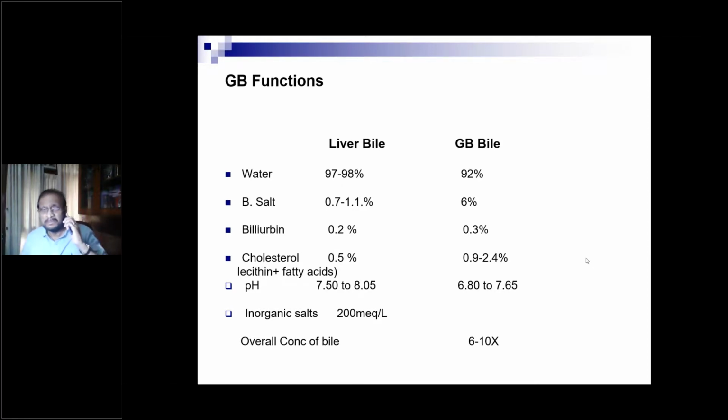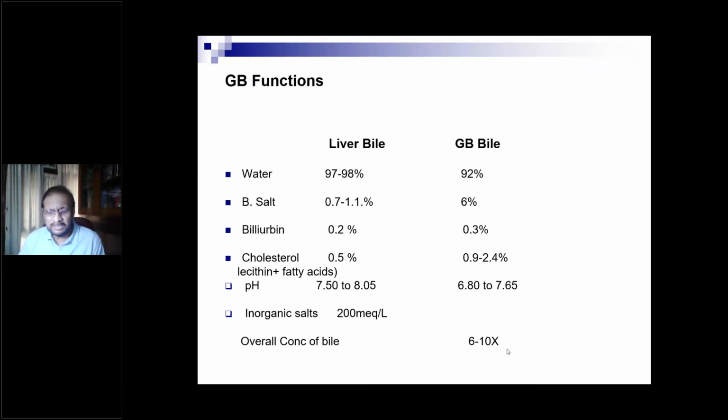Okay, so we're talking about the gallbladder function. The difference between a liver bile and a gallbladder bile is basically its concentration. You look at the concentration between the liver bile and gallbladder bile, 98% and 92%, and that ultimately leads to about 6 to 10 times concentration of the bile when it is stored in the gallbladder.